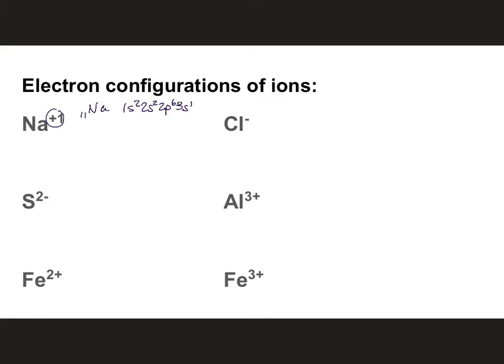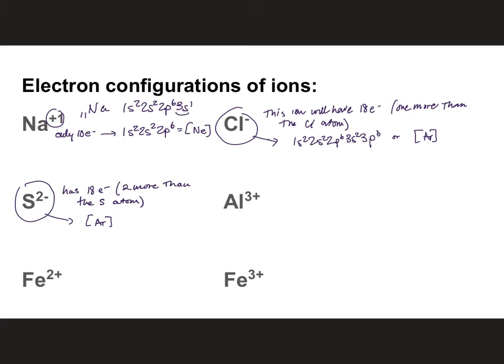With a positive 1 charge, we are now talking about a particle that has 10 electrons. 1 electron has been lost, and so we're going to write the electron configuration and remove the outermost electron for a configuration of 1s2, 2s2, 2p6, or essentially the same as neon. So I would like you to pause the video and do chloride and sulfide, if you would, and then restart and we'll see how you did.